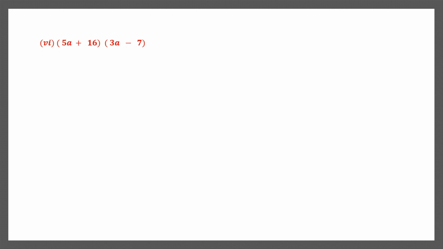Question 6. Again, multiply the first term of both the binomials. So that will be 5a into 3a plus, now let's take the product of the outer terms, that is 5a into minus 7, and then the product of the inner terms, that is 16 into 3a.